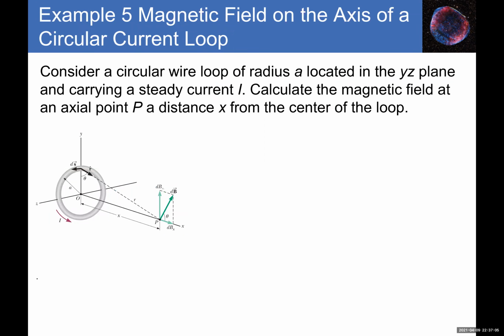Another thing we can do is take one of those wires and bend it to make a loop like that. And we can then see that there is a magnetic field due to that current loop.